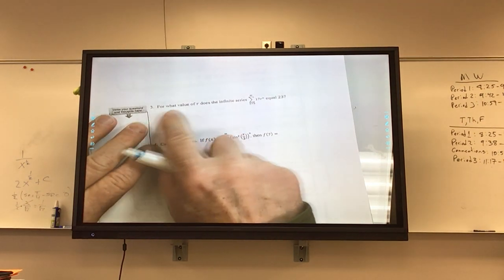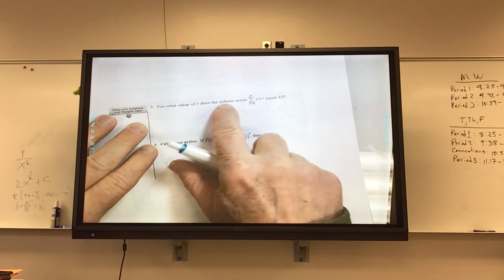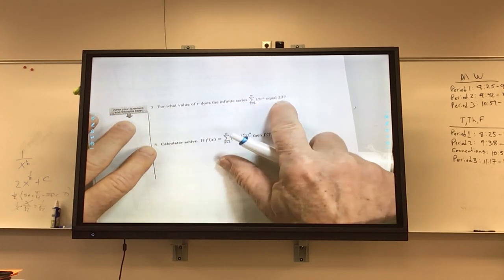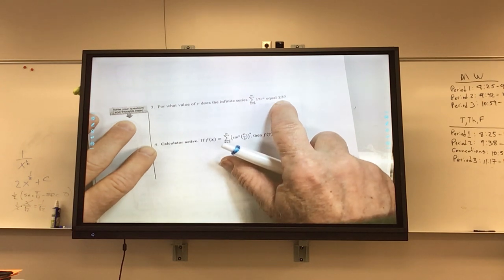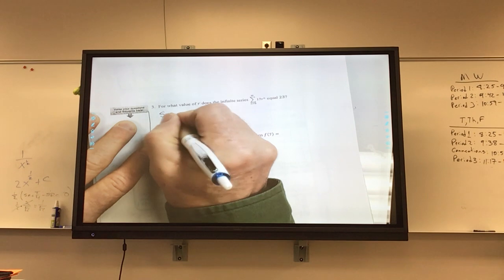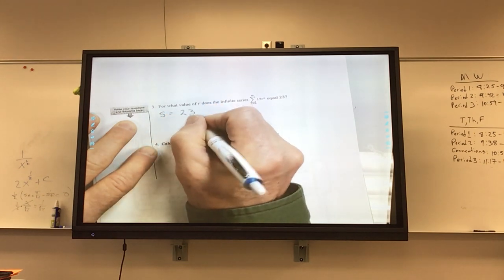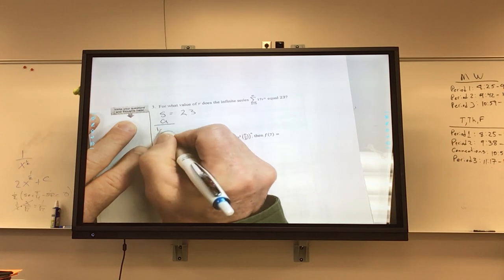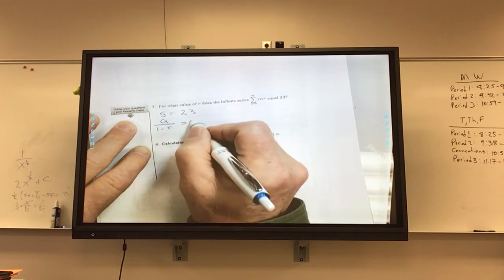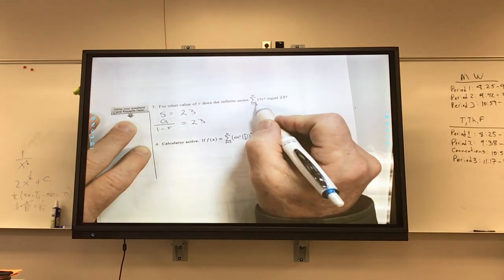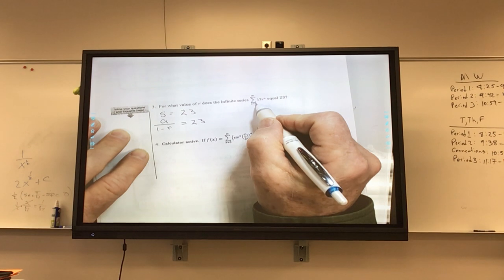It says, for what value of R does the infinite series equal 23? So that means my sum equals 23, correct? So S equals 23. That means A over 1 minus R has to equal 23. And n is starting at 0, Grant.